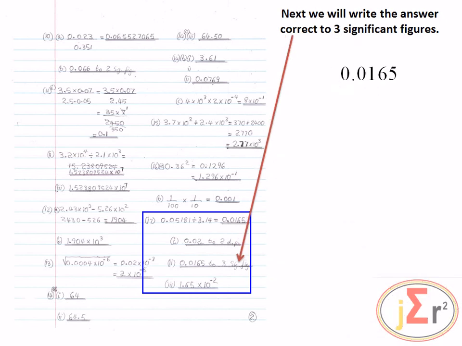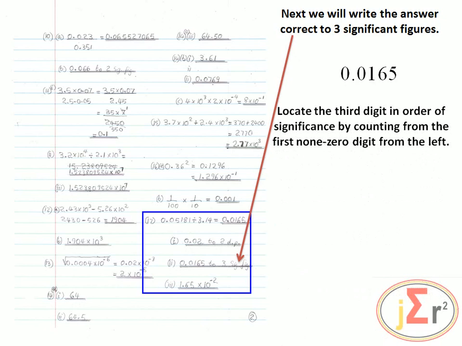Next, we will write the answer correct to 3 significant figures. Locate the third digit in order of significance by counting from the first non-zero digit from the left. Significant figures from the first non-zero digit from the left. First non-zero is that one. 1, 2, 3.